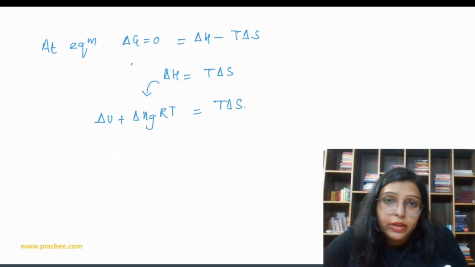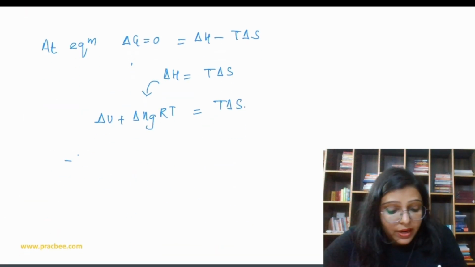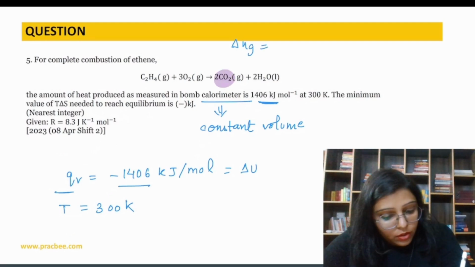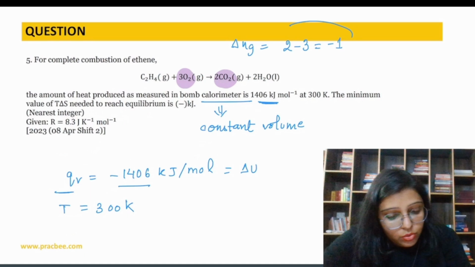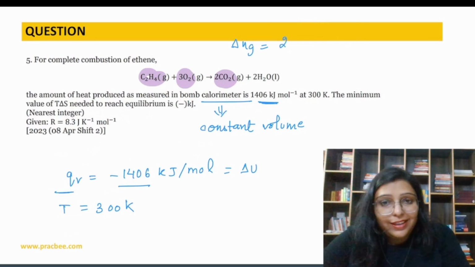So delta U is equal to -1406 kilojoule, so -1406 into 10 to the power 3. And delta ng we have to find out. So delta ng is equal to 2 minus 4, not 3, because ethene is also a gas.